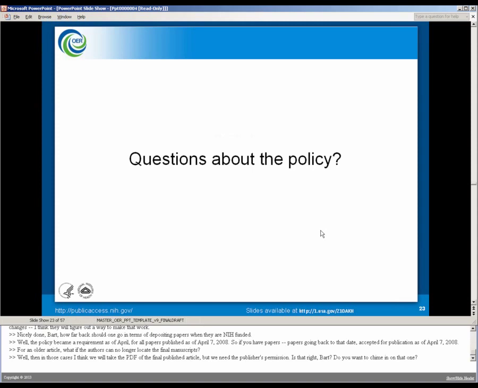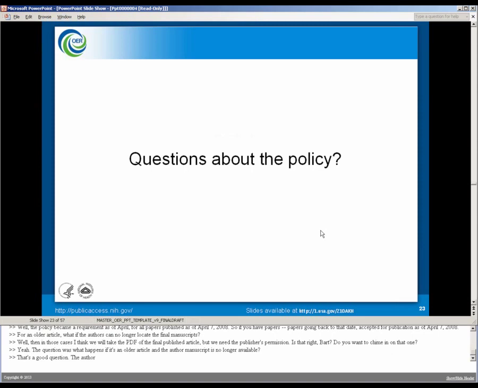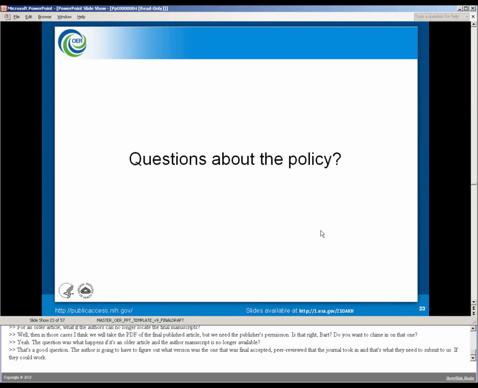The author is going to have to figure out what version was the final, accepted, peer reviewed one that the journal took in, and that's what they need to submit to us. If they could work out something where the journal would allow them to submit the final PDF, then that's acceptable as well. The key, though, is what rights does the author have with the materials that they're submitting?